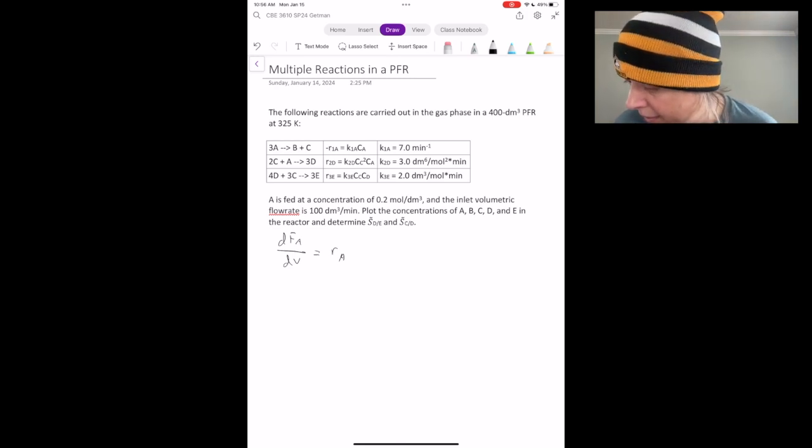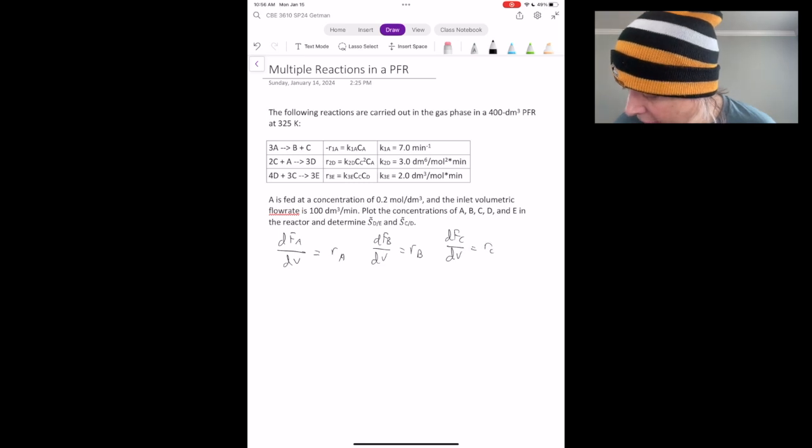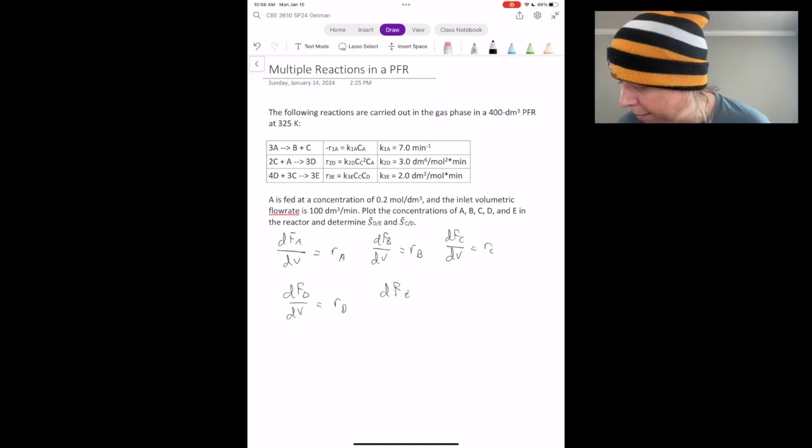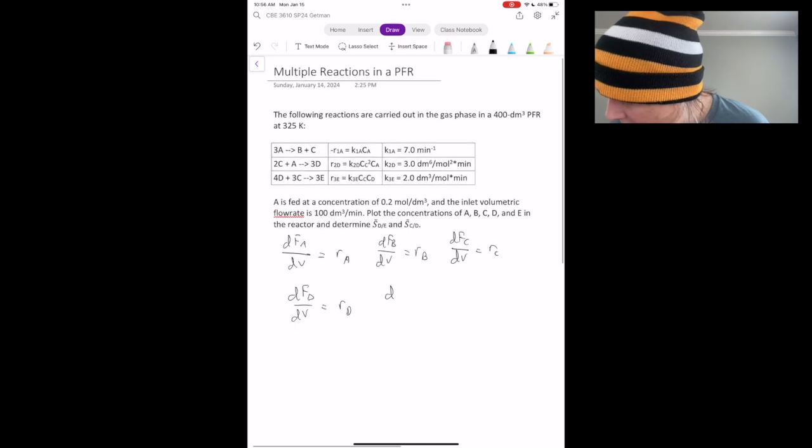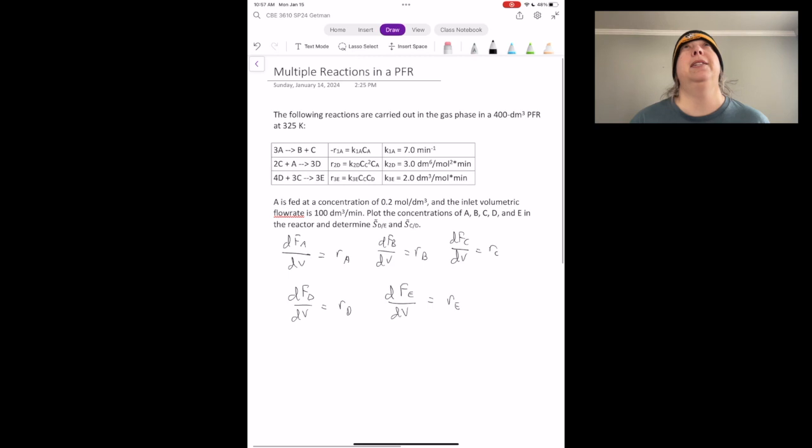Similarly, dFB/dV equals rB. dFC/dV equals rC. dFD/dV equals rD. And dFE/dV, that was written pretty sloppily, so let me redo it. dFE/dV equals rE, where all of these different r's are the net rates.